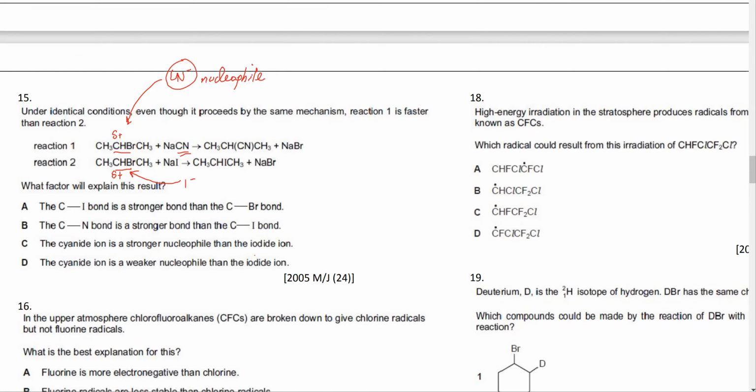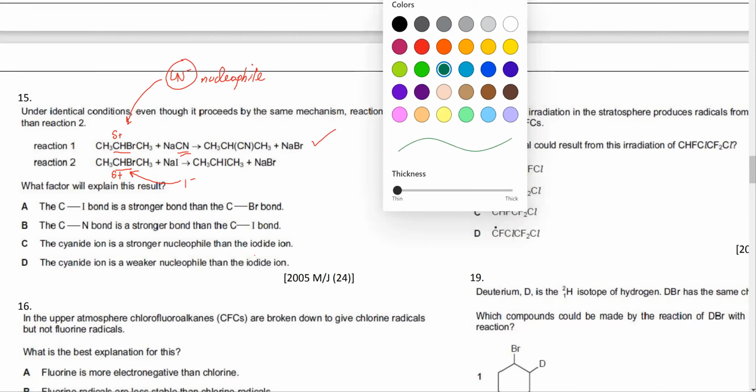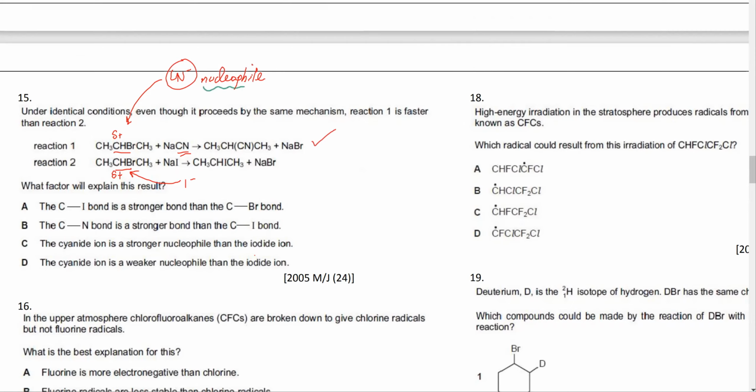Reaction 1 is faster, which basically means that in reaction number 1 the nucleophile is very strongly attracted to the positive carbon atom. That's why reaction number 1 would be faster; it would be a stronger nucleophile, and it will attract more.